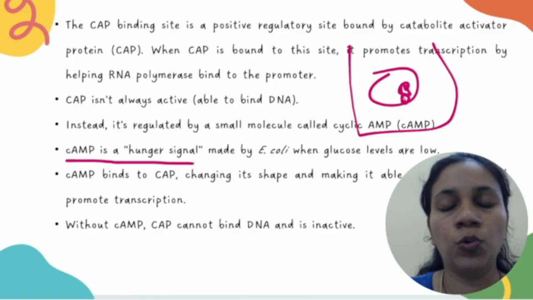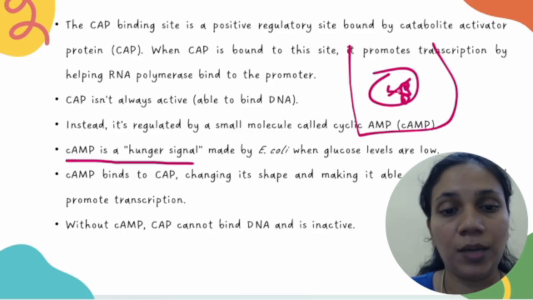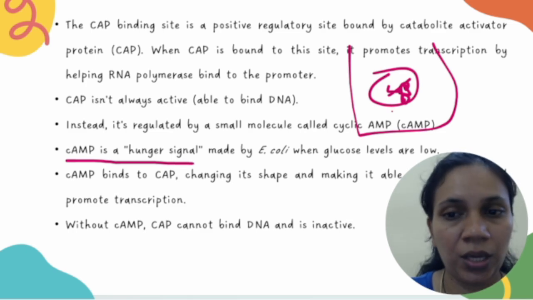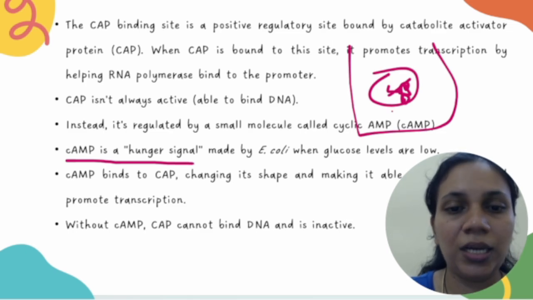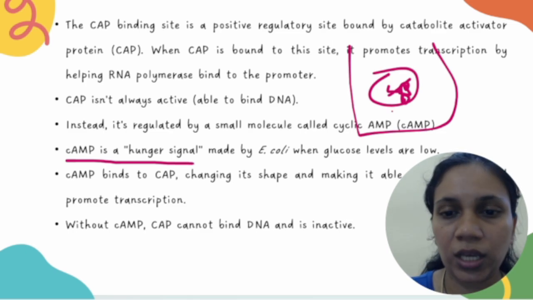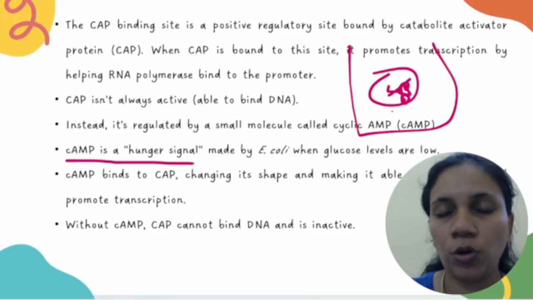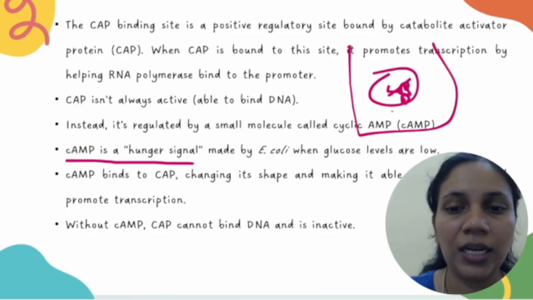So when there is scarcity of glucose, it signals, okay, I'm hungry, by producing this cyclic AMP. This cyclic AMP in turn binds to the CAP protein, and this complex goes and sits onto the CAP site and allows the transcription. So this is how it works.